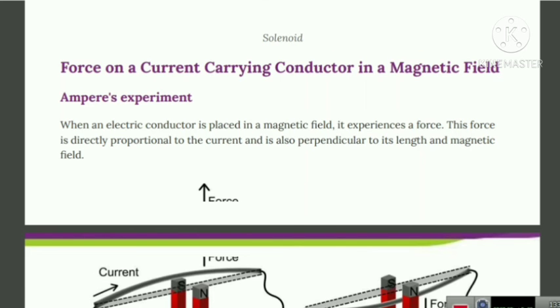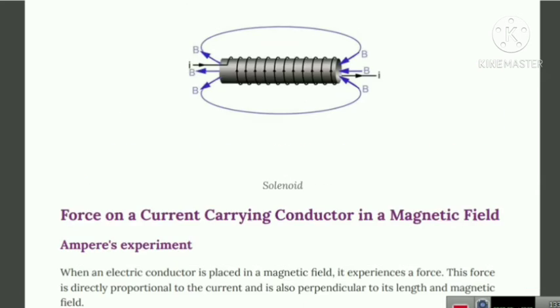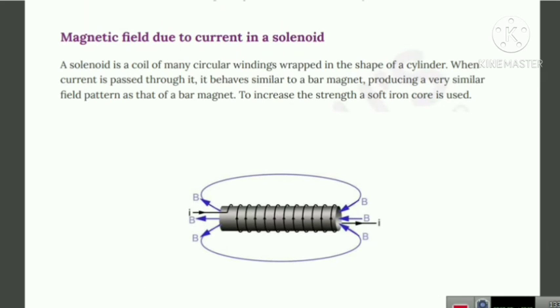Now we have seen the field lines inside the solenoid. These look like the magnetic field line pattern of a bar magnet. So they are similar to the bar magnet, and one end of the solenoid behaves as the north pole while the other end behaves like the south pole.